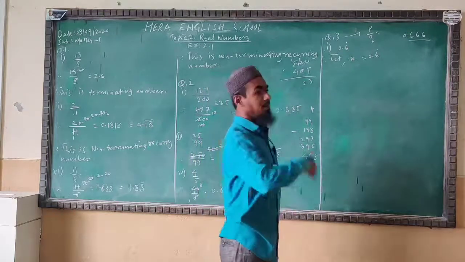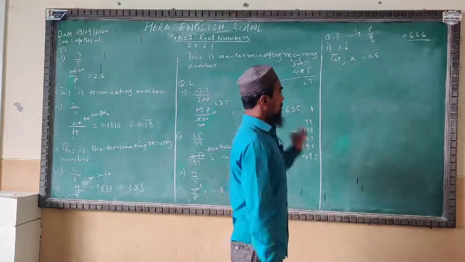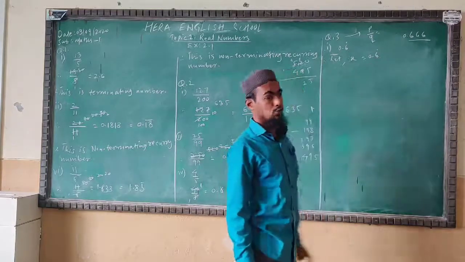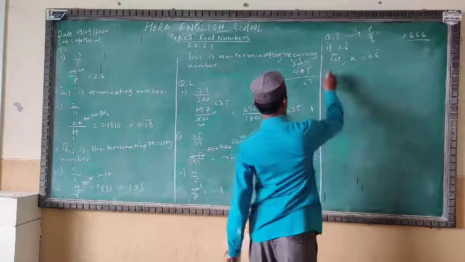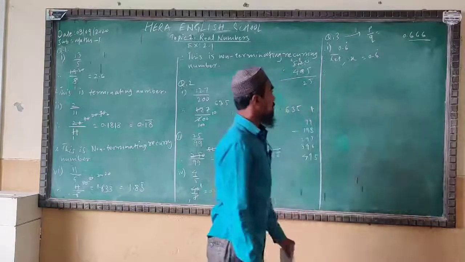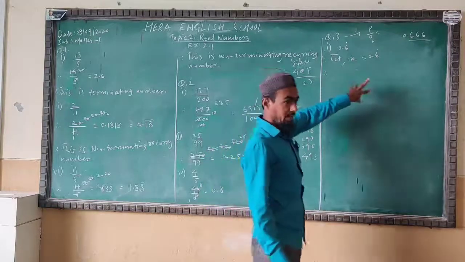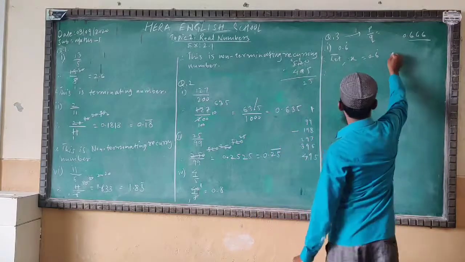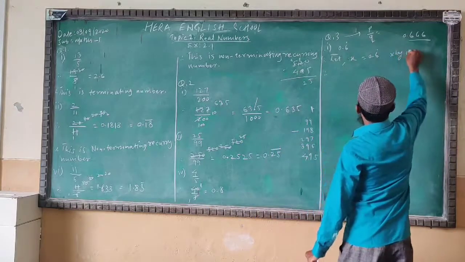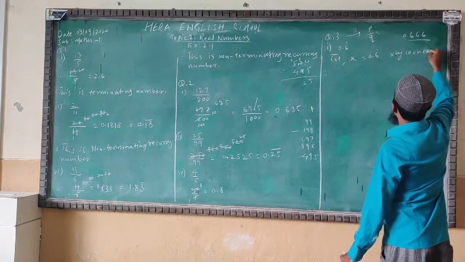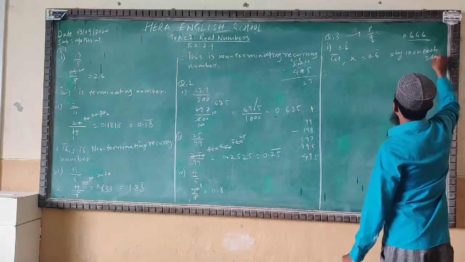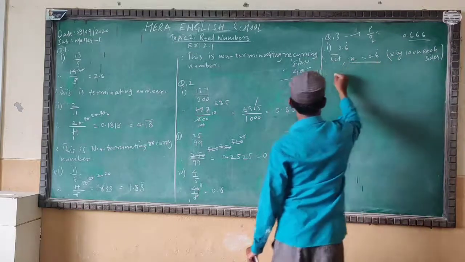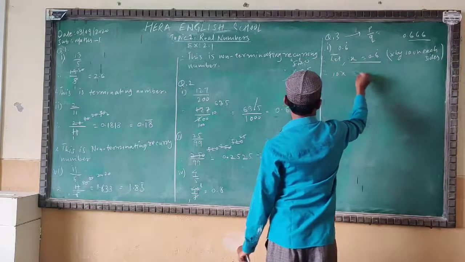A single digit is repeating, so we will multiply by 10 on each side. We will get 10x on the left side.